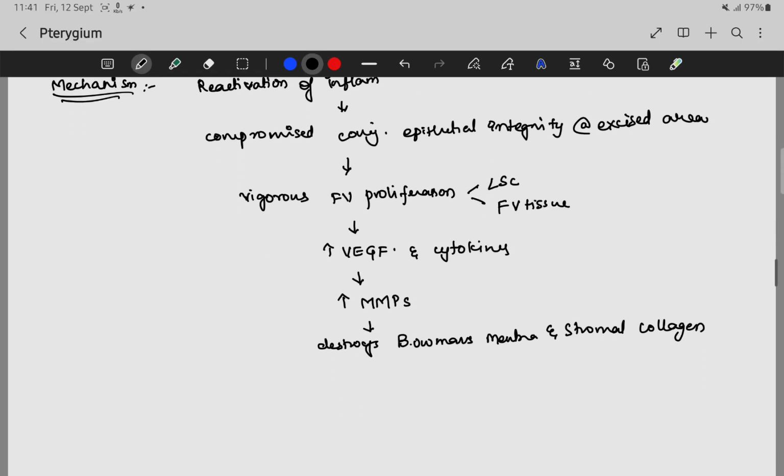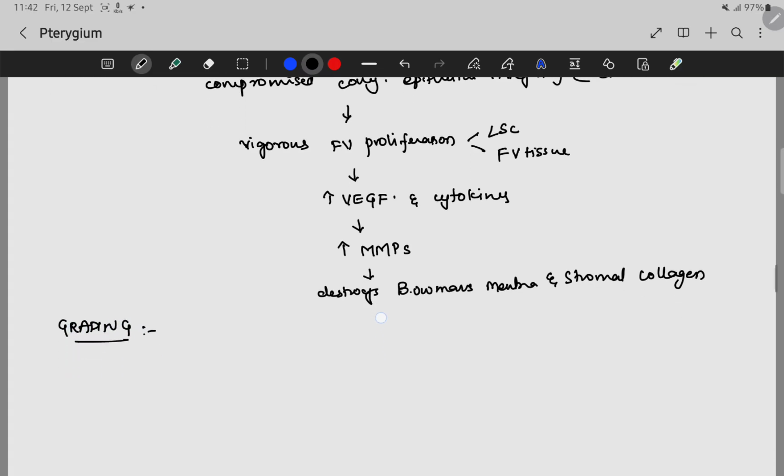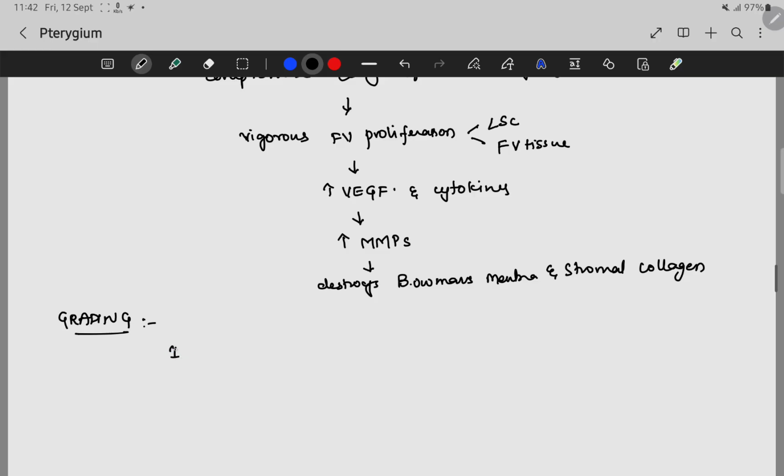Now coming to the grading of recurrent pterygium. Grade 1 is normal appearance. Grade 2 is fine episcleral vessels plus no fibrous tissue.